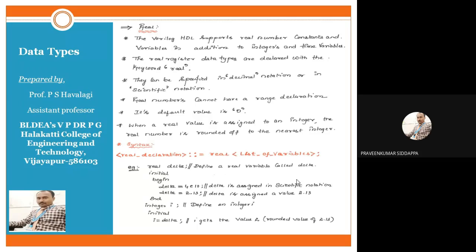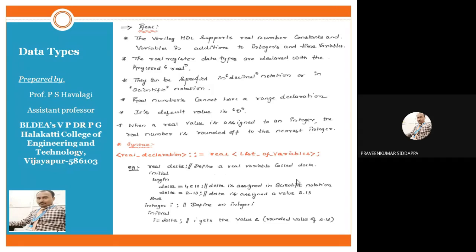But if the input is 4.12, how should 4.12 be written in your code? That is a floating point number.